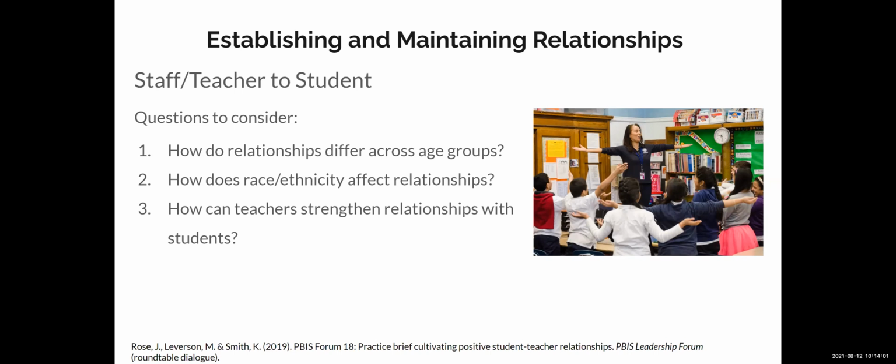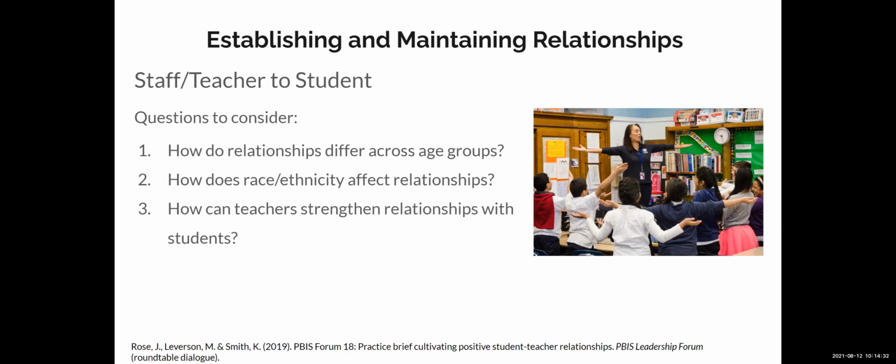We also want to make sure that race and ethnicity are being considered, because they have been identified as a factor in the development of student-teacher relationships. Research has shown that there are sometimes differences in expectations for students, in how certain groups of students might be disciplined, and in how certain groups of students might be referred for special education supports or identified as gifted.